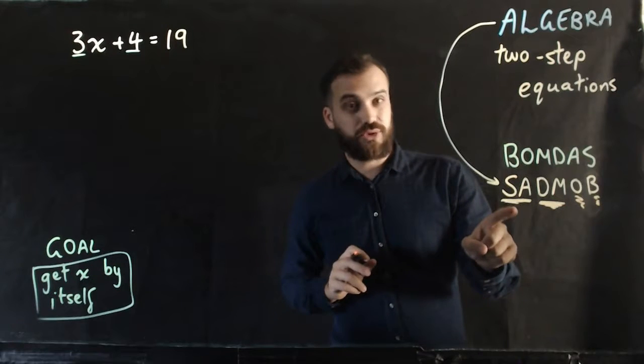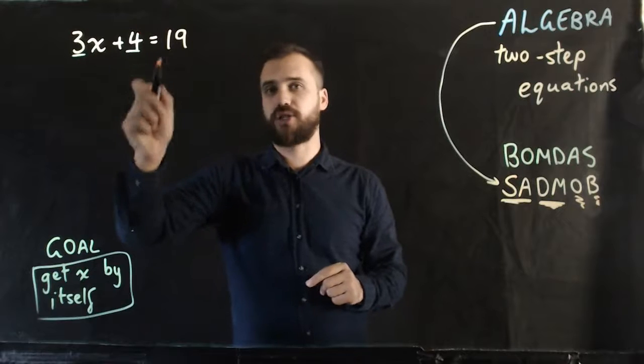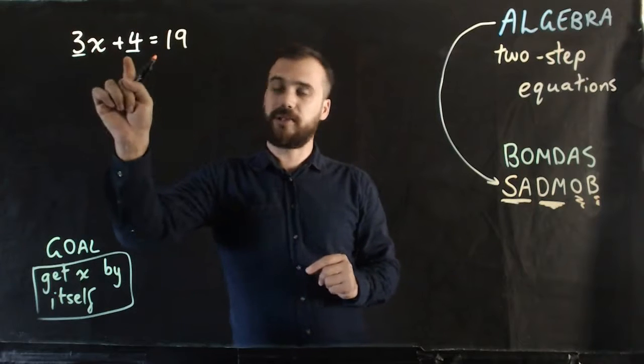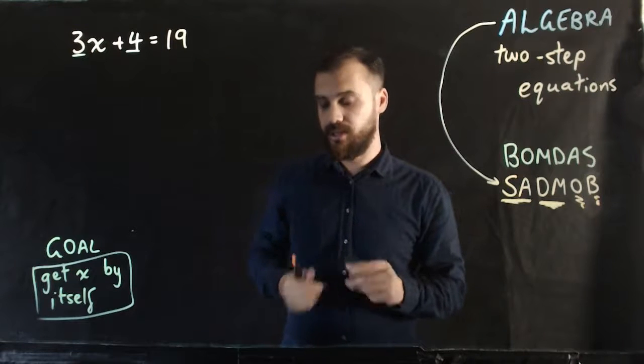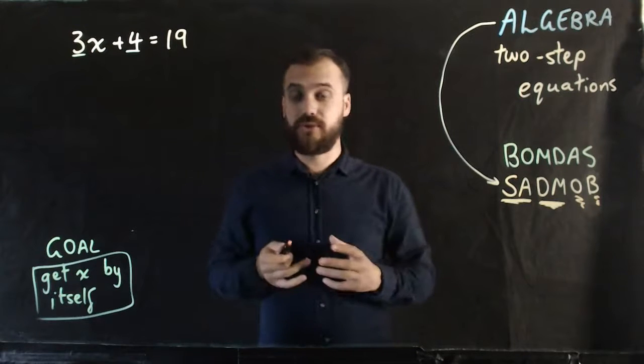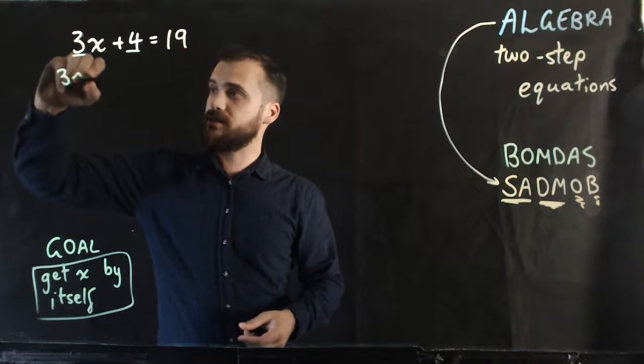And whatever we do on the left-hand side, we have to do on the right-hand side, so we do minus 4. That means that 3x plus 4 minus 4, those 4's are going to cancel out, and we're left with 3x. And 19 minus 4, that's going to leave us with 15.